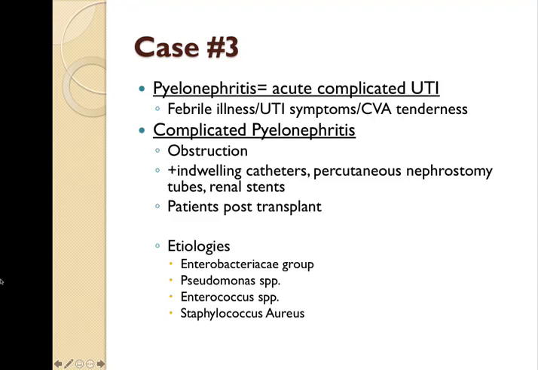These are patients that have indwelling catheters, percutaneous nephrostomy tubes, or renal stents put in. And also, a lot of times, patients post-transplant would be classified under this category too, if they have a diagnosis of pyelonephritis.